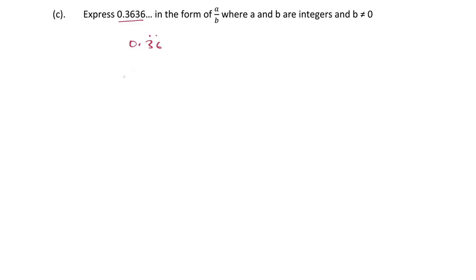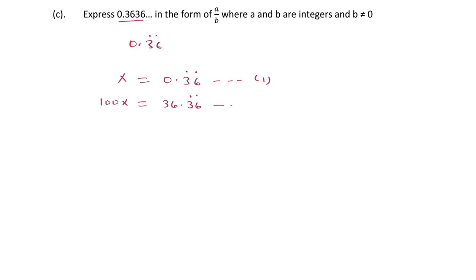Okay, so first we are going to let x equal 0.36, and these 36 are repeating, and we are going to call this equation number 1. Okay, so now let us multiply by 100 both sides. Since we have two numbers that are repeating, then our equation is going to be 100x equals 36.36.